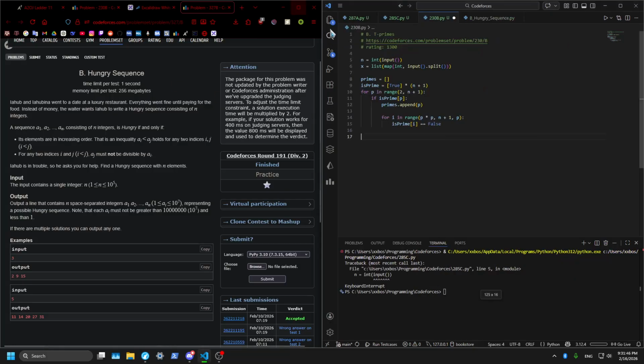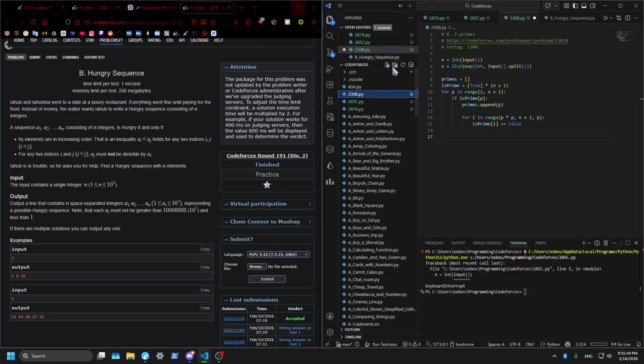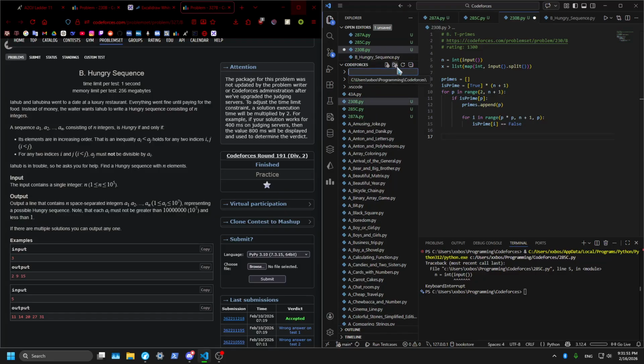Okay. So I'm just gonna create a folder. Templates. Call this seed of Eratosthenes.